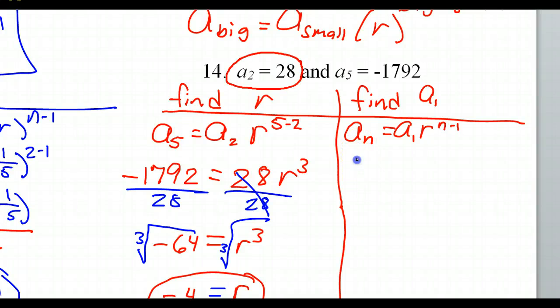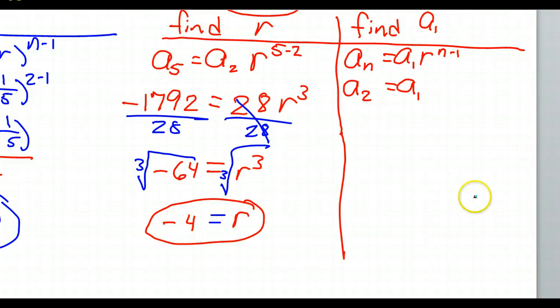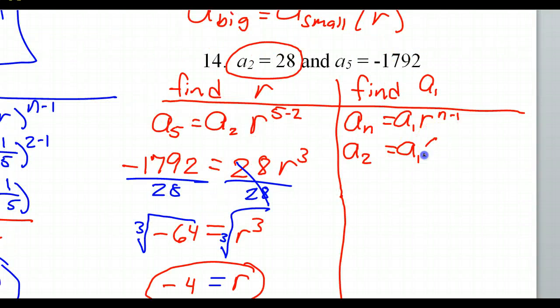So instead of an, I'm going to put a2. a1 is what I'm looking for. r, I know r now. r is negative 4. So this time I'm going to go ahead and put negative 4. Okay? And it's supposed to be the n minus 1 power. So that means the 2 minus 1 power.